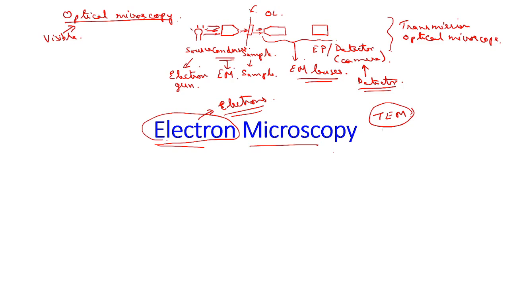Okay. So as the name suggests, the electron beam will be transmitting through the sample in the case of the transmission electron microscope. In the second case, we have studied another type of microscopy, right? In that type of microscopy, what we have seen?